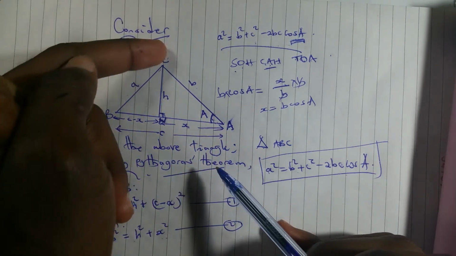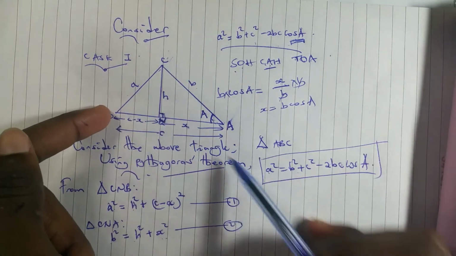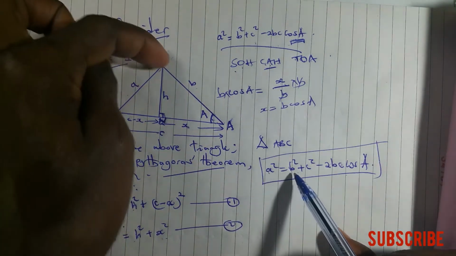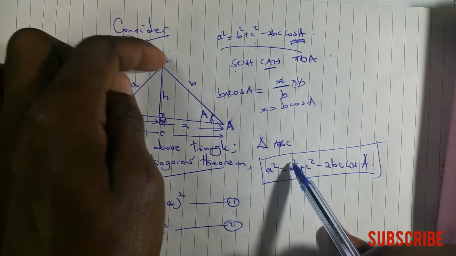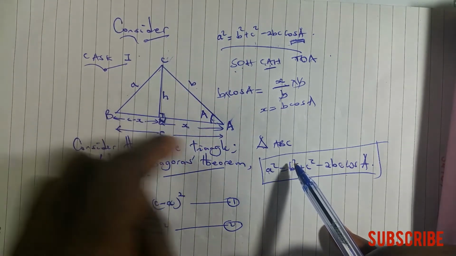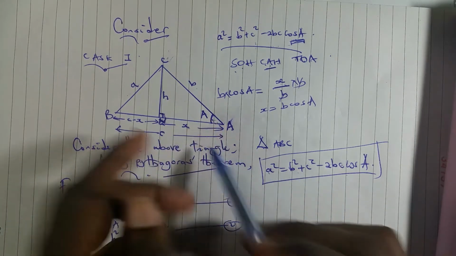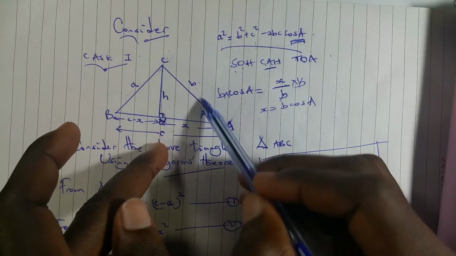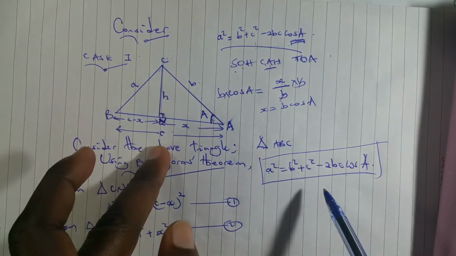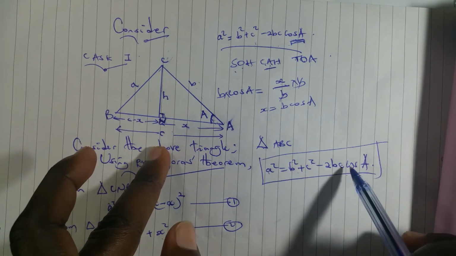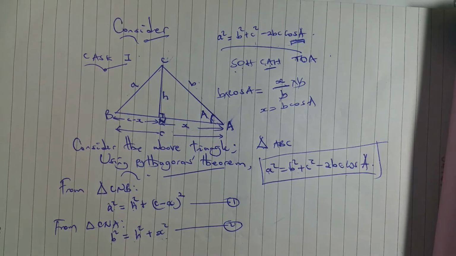So the side that does not create the angle, its square is given by the sum of the squares of the sides that actually form that angle, minus 2 times the product of those same sides that form that angle, then times the cos of that angle.